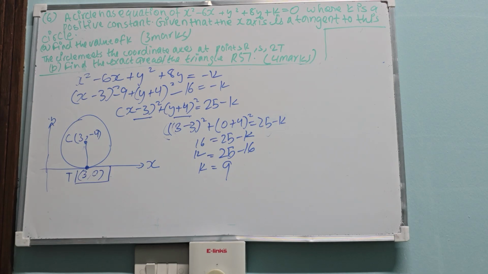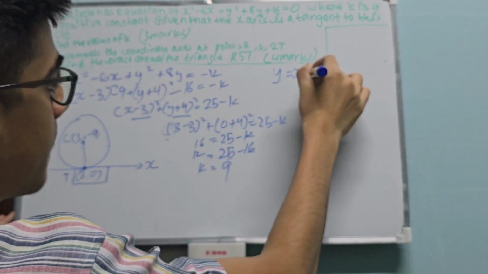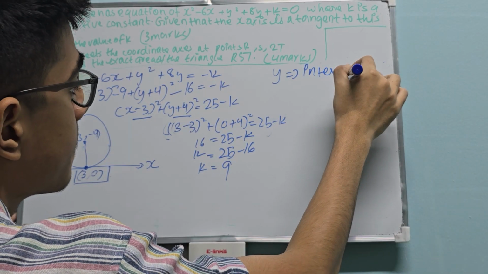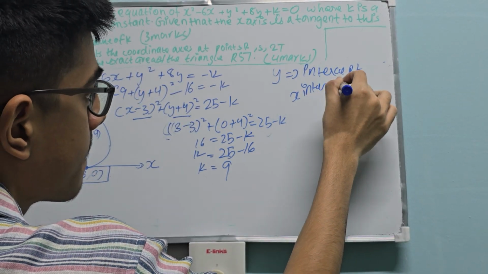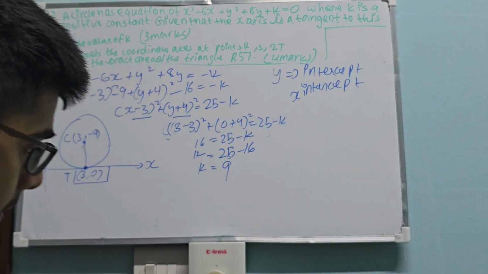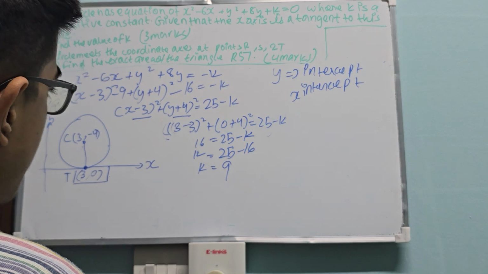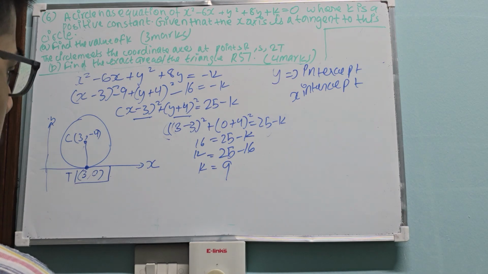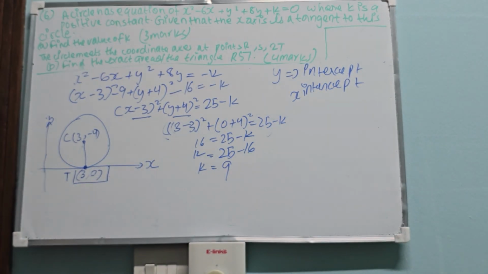Now if they are asking about coordinate axis, we need to find the y-intercept and the x-intercept. This is the 3 crucial things you need. Now what I'm going to do is clean this up.